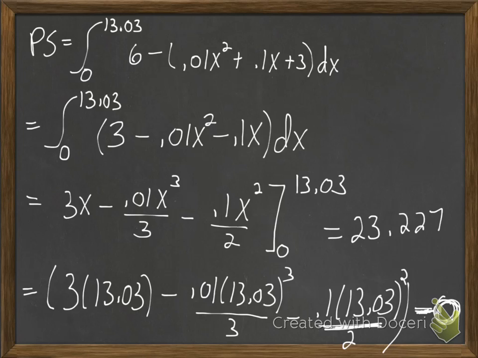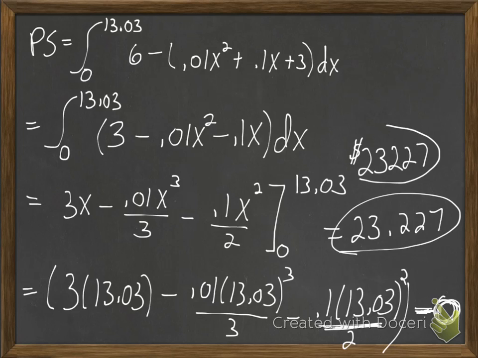And so that would be our surplus, but again, X is in units of thousands, so our actual surplus would be $23,227. And that's how much producers would save by going with that price as opposed to some cheaper price.